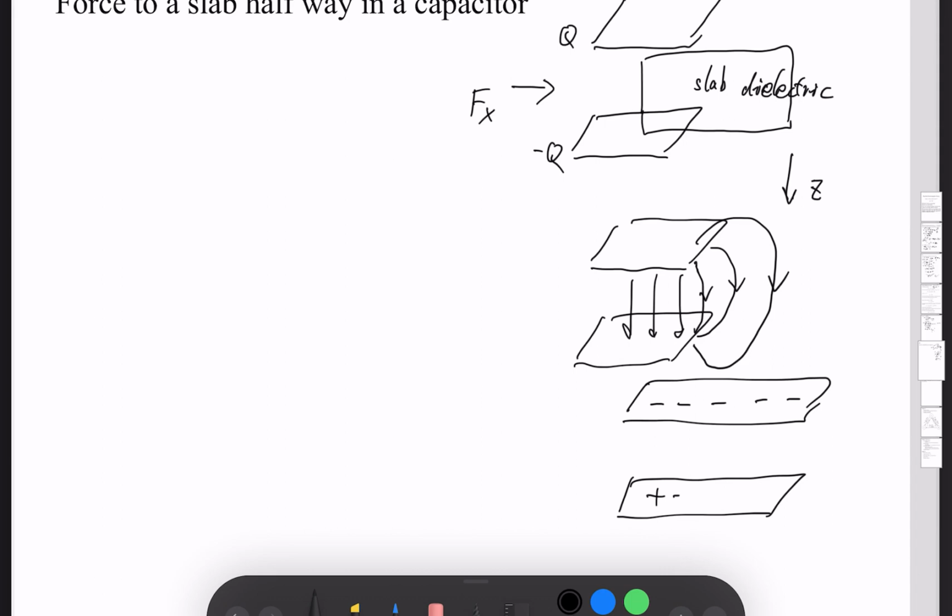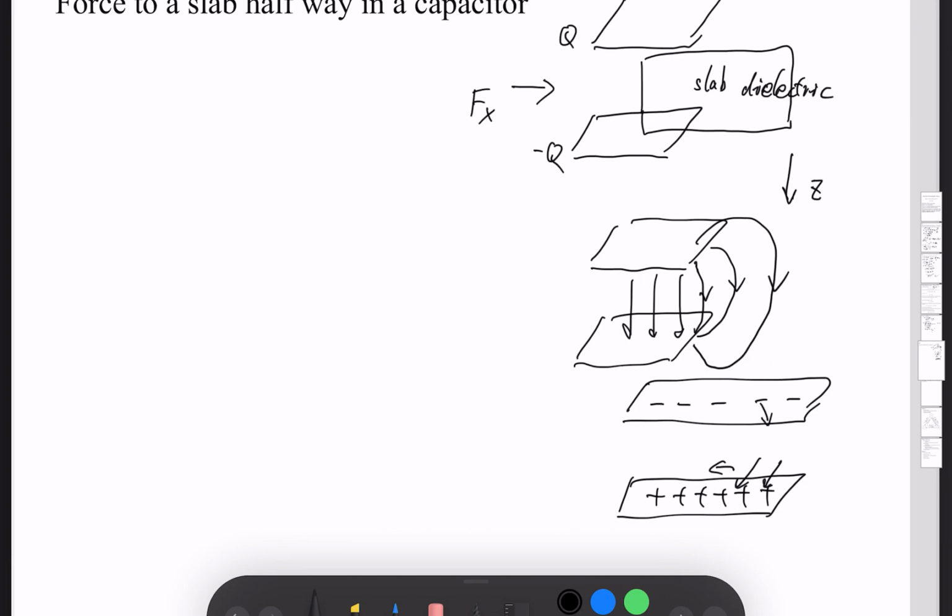plate, and there are some plus charge built up along the bottom of the surface, and now this plus charge will feel a force to the left, because you can see that the E field is slightly twisted to the left.